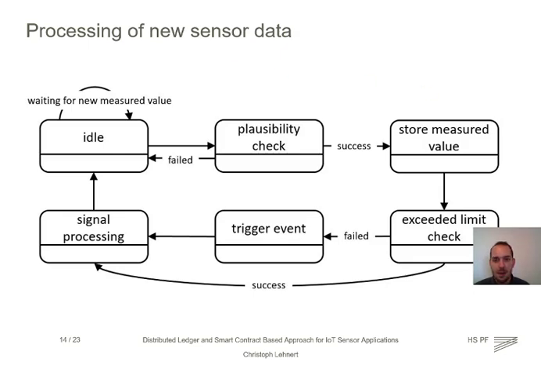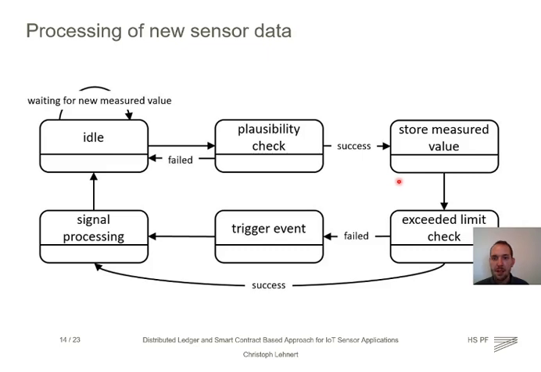It begins with the idle mode, awaiting a new measured value. After that, it checks the received measured value for plausibility. The sensor data must not be greater or lesser than a previously defined value, which is why the function is aborted if the value is unrealistic.